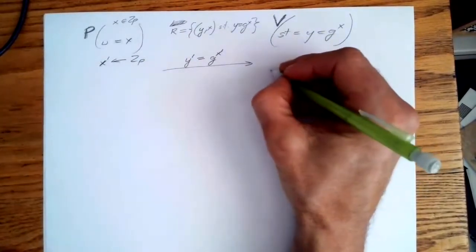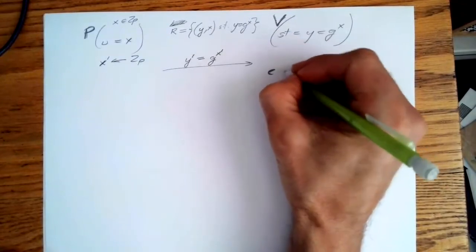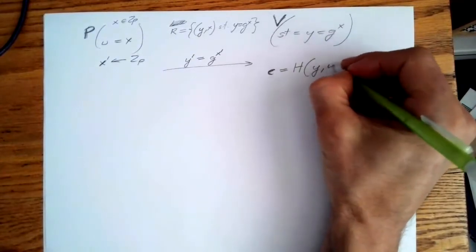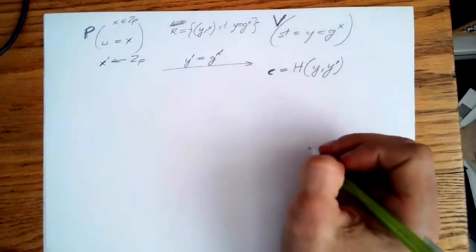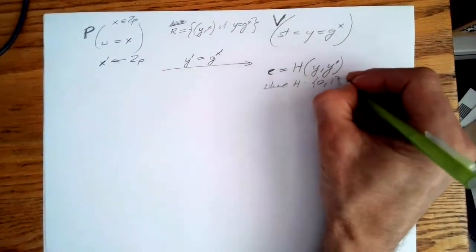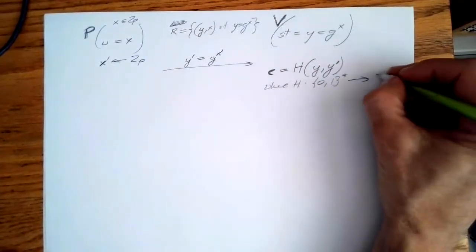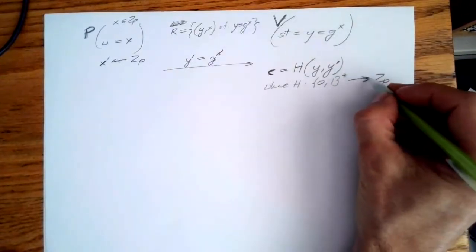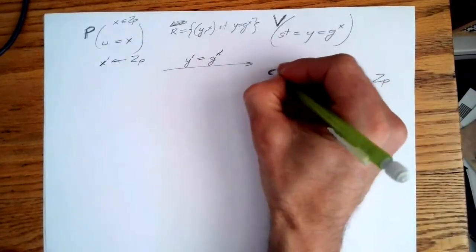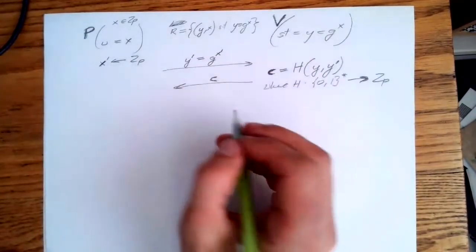The verifier will respond with a challenge that is a hash of y and y prime, where this hash is an oracle that takes any messages, group elements in this case, and outputs an element in Z_p. And this is the challenge that the verifier sends back.